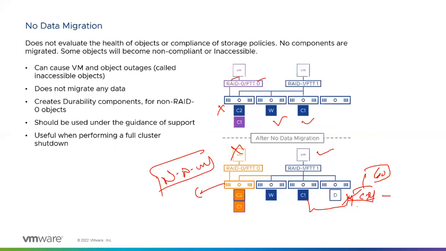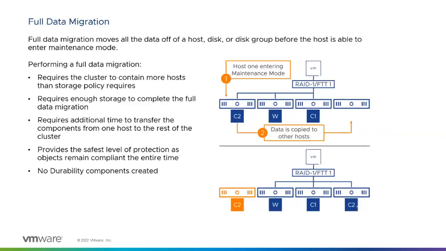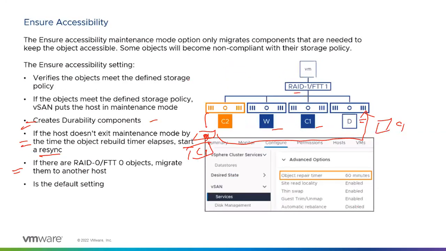One important thing here: if you are taking ensure accessibility, at that point in time it's a delta. For some of the components, you will find a warning symbol when you monitor your vSAN. Why? Because temporarily the mirror copy of the 30 GB is not available.